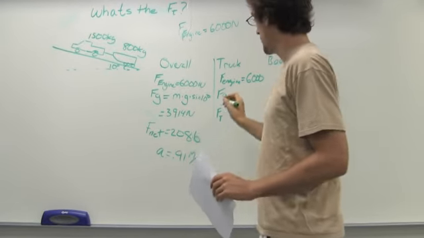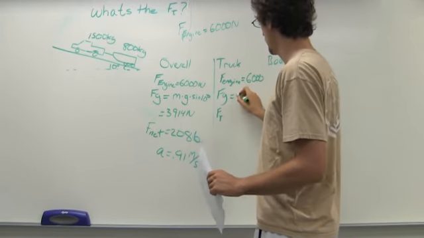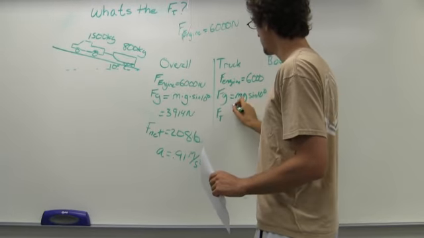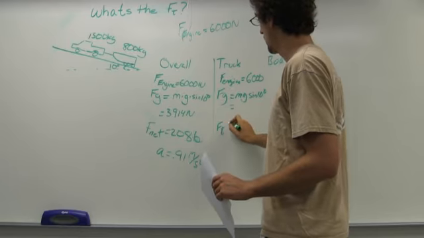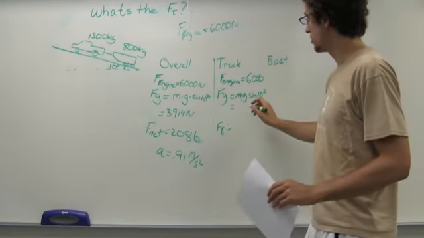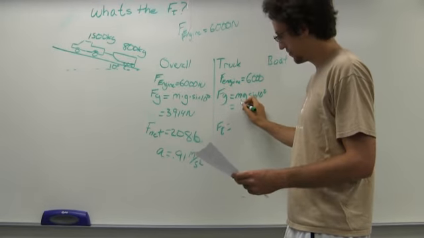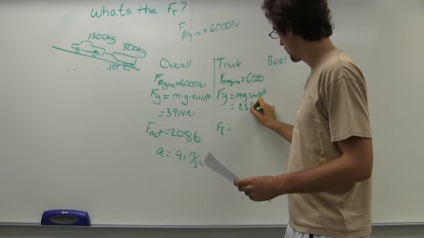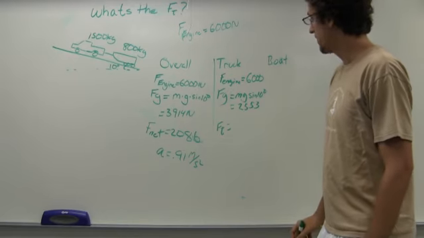We can find gravity very similarly to how we found it here, except in this case we're just worried about the mass of the truck. So it's going to be a little less, and should come out to be 2,553.